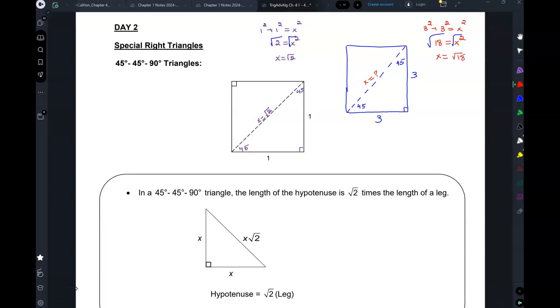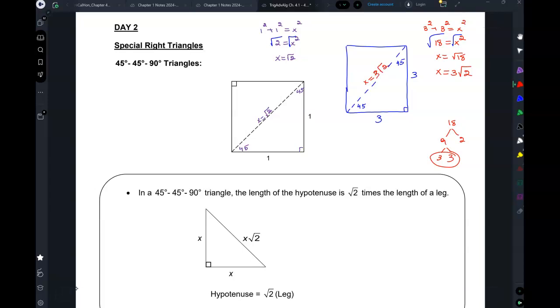How can I simplify it? Let's see, 18, you do the factor tree, so it's 9 times 2. And then this is 3 and 3. The 3's, whichever has a pair, comes out of the root. Whichever doesn't have a pair, the 2 stays in the root. So this will be 3 root 2.